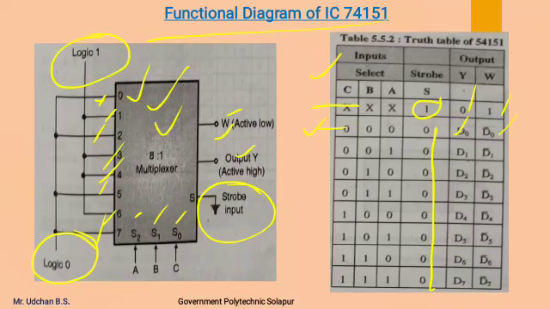In the same way, with respect to the status of the select lines, we get the selected output on the output line. This is how we can perform the practicals using this functional pin diagram and truth table in the laboratory, and we can verify this truth table as per our observations during the practicals.